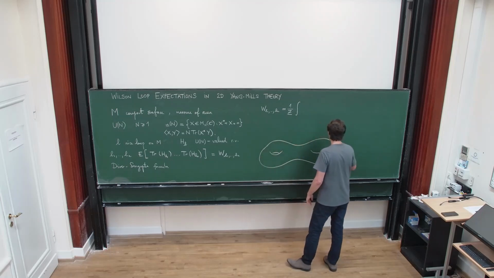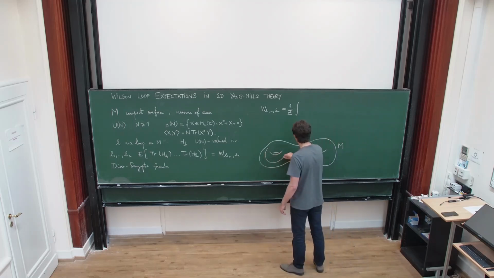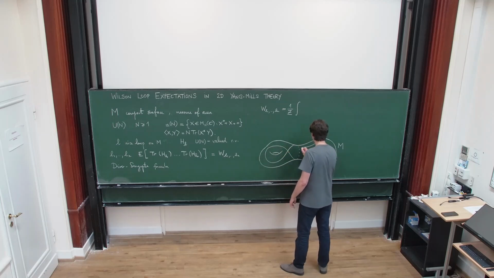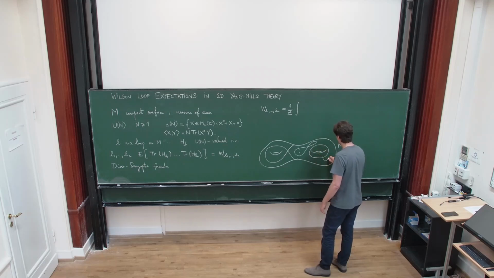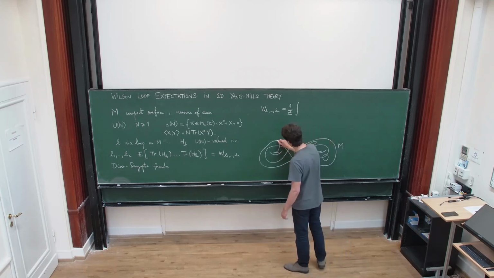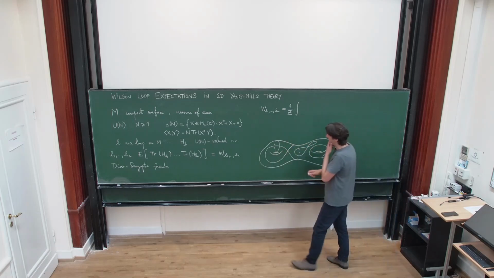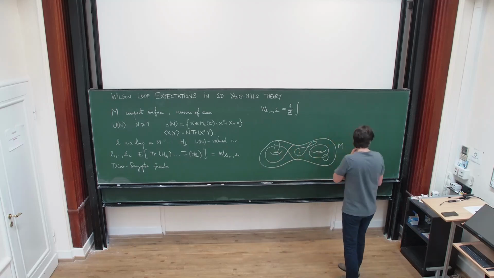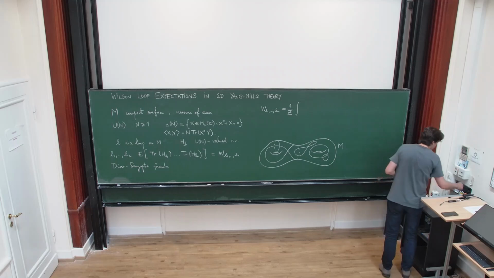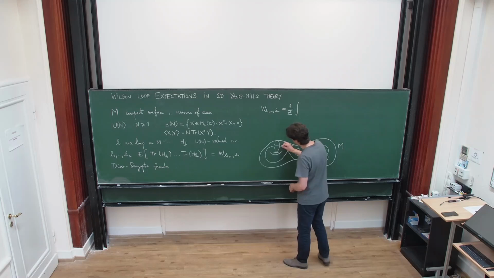So we have our surface, and we have loops. These are the loops that we're interested in. They are based, they are oriented, but I'm not drawing that. Let's refine. So we are seeing a kind of skeleton of something on the surface.